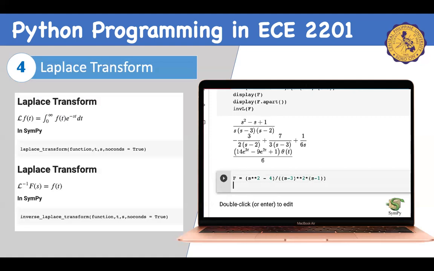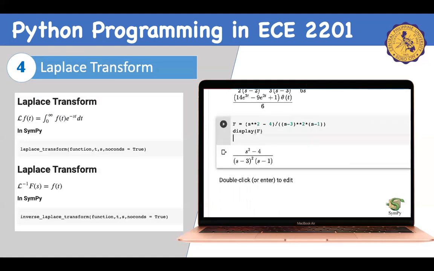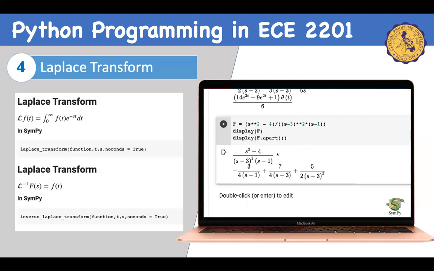So this is a repeated linear factor. So let's display this one. You can see the s minus 3 is repeated. Now, if we display the equivalent partial fraction, you can say f apart, and then it will display the equivalent partial fraction.